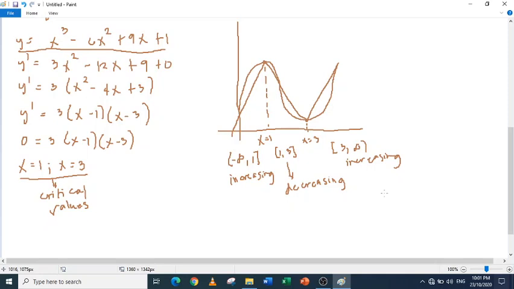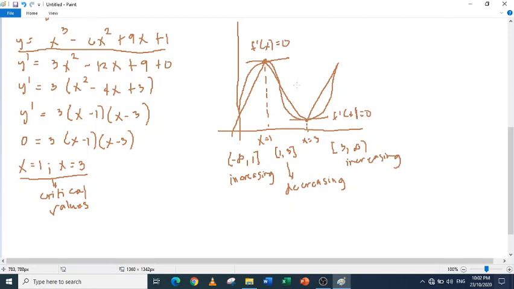Okay? So, knowing that at this point or the maximum value, ang f prime of x natin is equal to 0. Okay? And then dito rin, ang derivative natin dito, f prime of x is equal to 0.